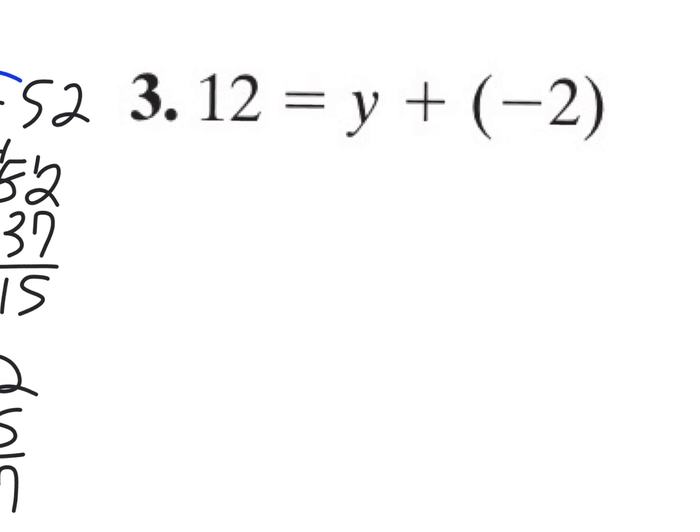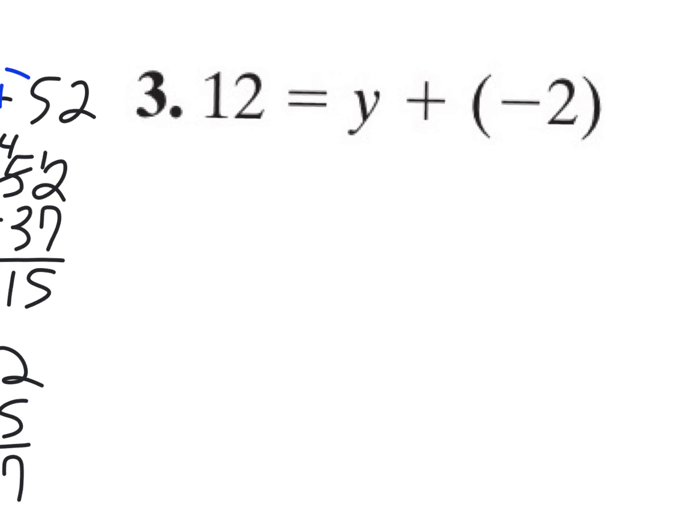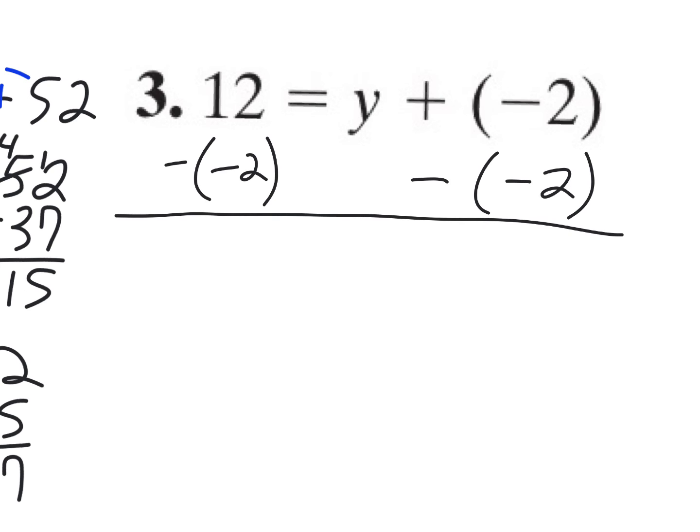Number 3, you've got a couple options. To be consistent with what we've been doing, you could say they're adding negative 2, which means we need to subtract negative 2. Just understand that you could add the opposite there. And you can add the opposite on both sides if you want.